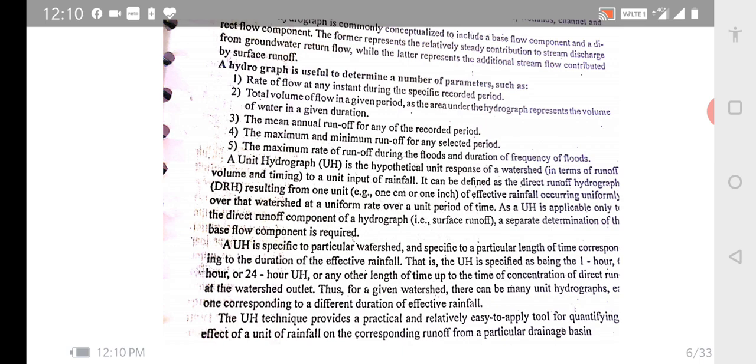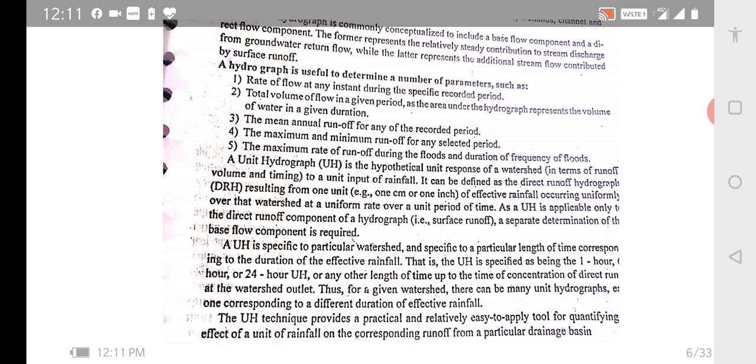It may be defined as the direct runoff hydrograph resulting from 1 unit, that is 1 centimeter or 1 inch, of effective rainfall occurring uniformly over the watershed at a uniform rate over a unit period of time.